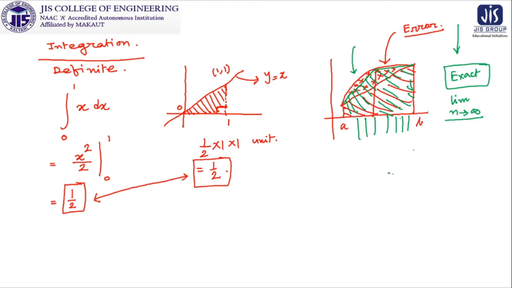What I have discussed up to now, in all these cases we have the functional expression f(x) explicit. Instead of that, if we have points like this, then we don't have any curve in our hand explicitly.